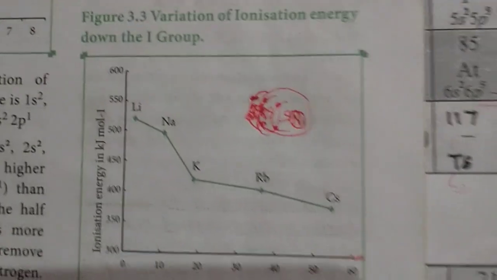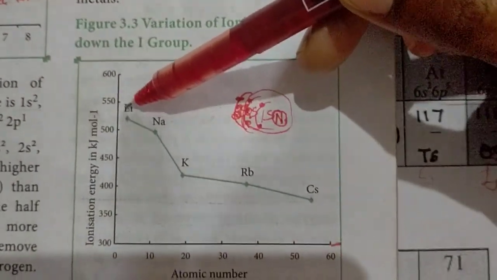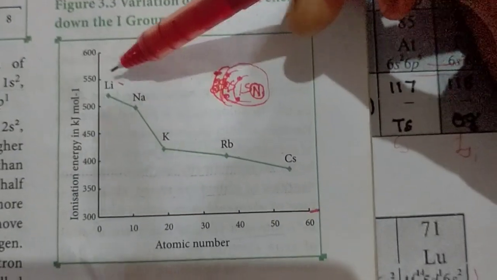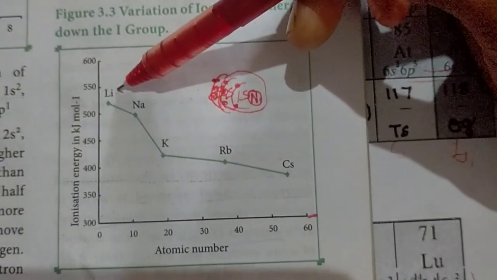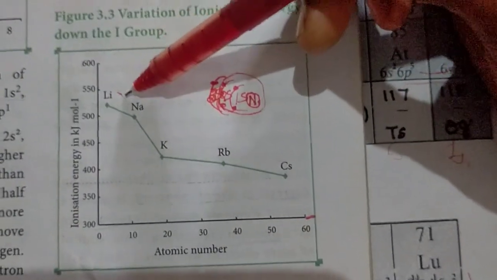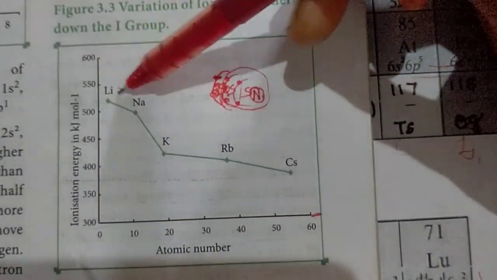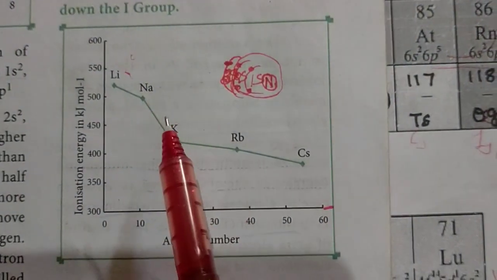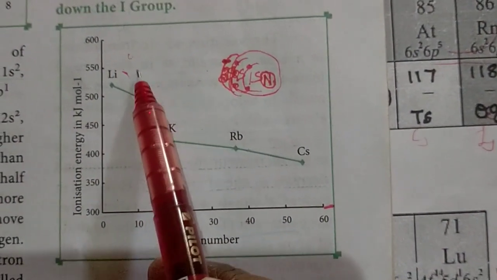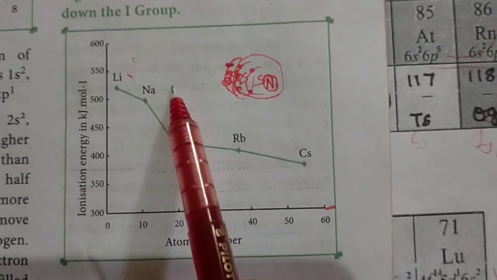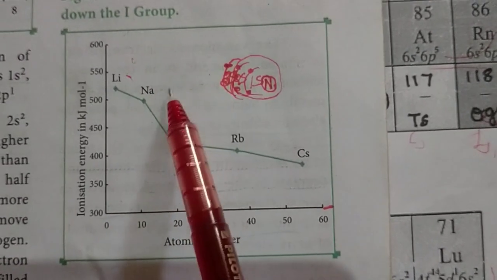Looking at figure 3.3, you can easily understand: lithium has only two shells, 1s2 and 2s1. So the shielding effect of lithium is less than sodium, because the atomic number of sodium is 11, so it contains 3s orbitals.